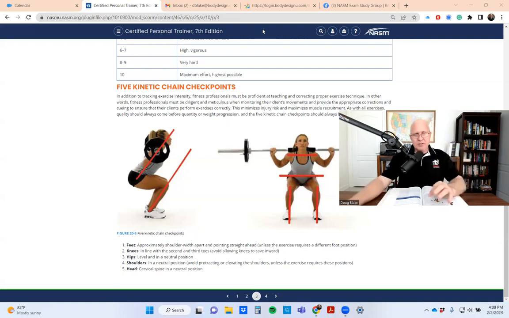Okay. The point is what NASM is saying correctly is that the feet should be approximately shoulder width apart, pointing straight ahead, unless the exercise requires a different foot position. Now, I'm going to tell you that when I do dumbbell curls standing, guess what?